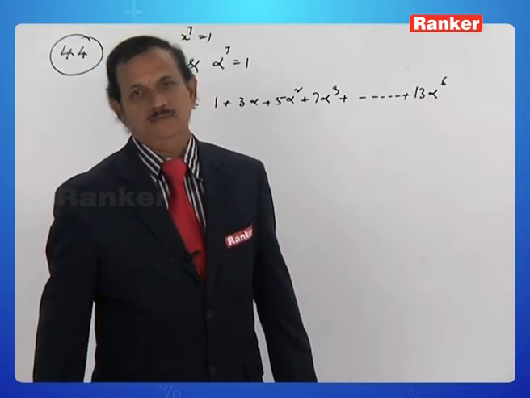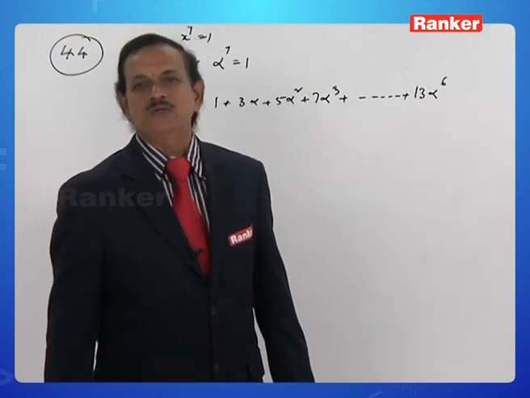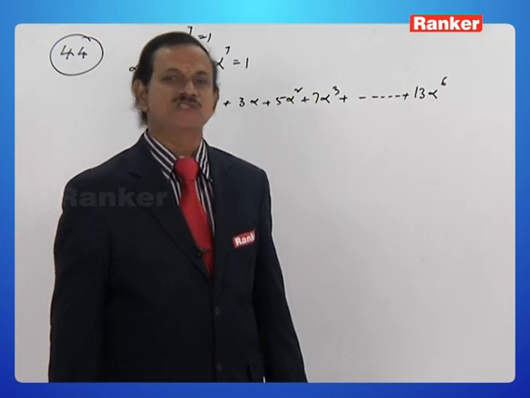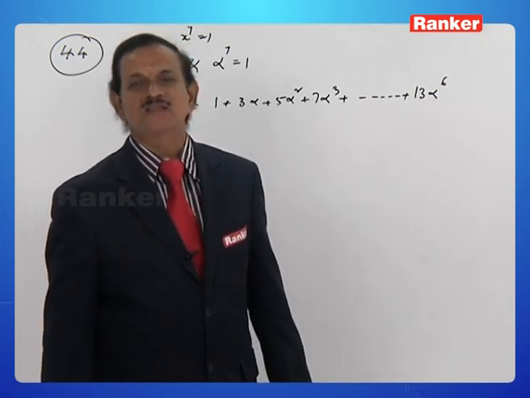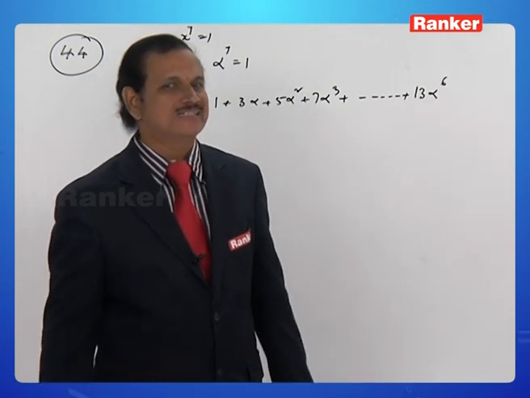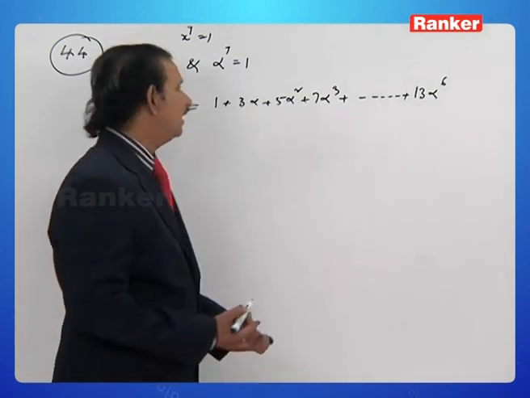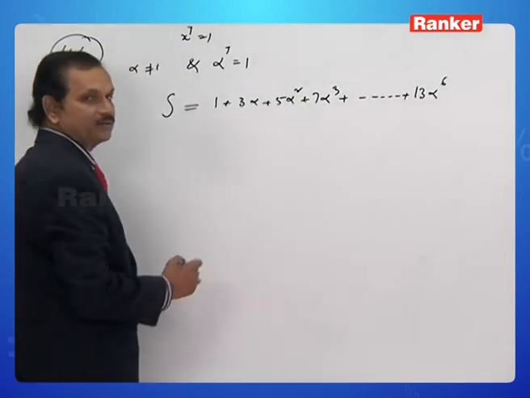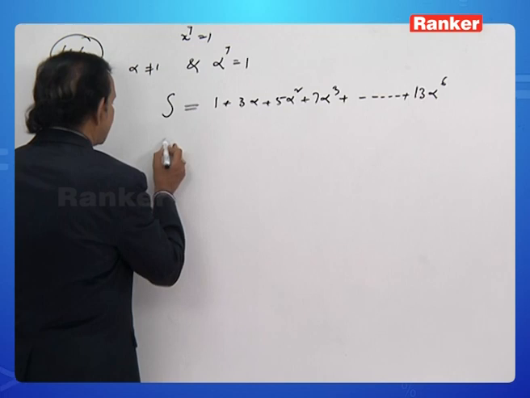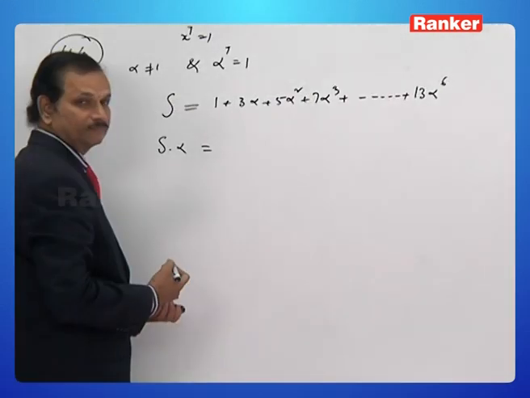Well, to have this, let us use the techniques that can be used in the sum of series. In obtaining the sum of some different series, we could have designed certain methods. Let us use that methodology. Well, S is equal to that much. You just calculate S into alpha. What happens?